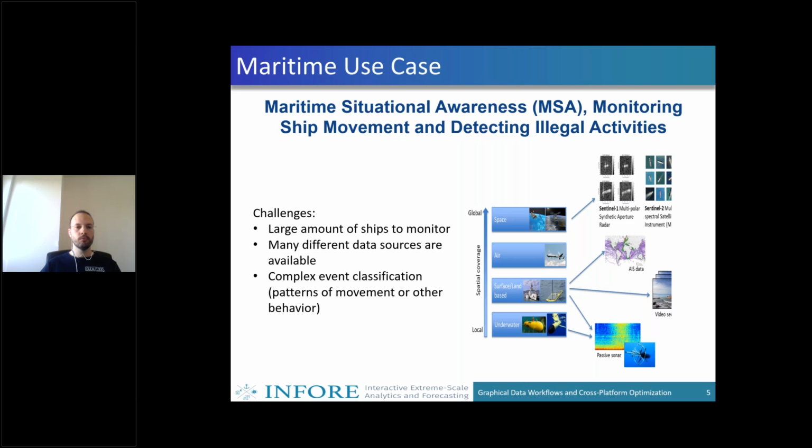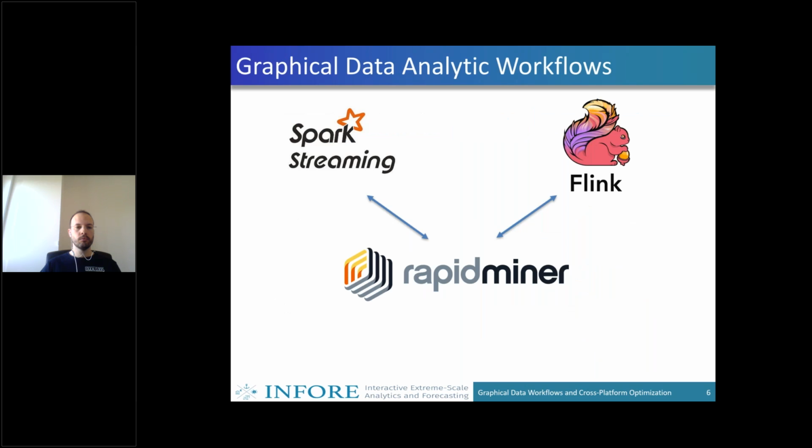Now I will show how we do this on a technical level, what we have achieved so far in this project. At RapidMiner, we have built a graphical data analytics workflow that works with Spark Streaming and Flink.